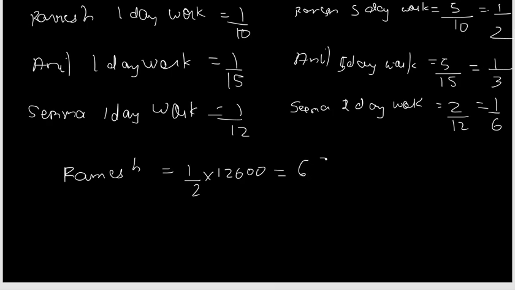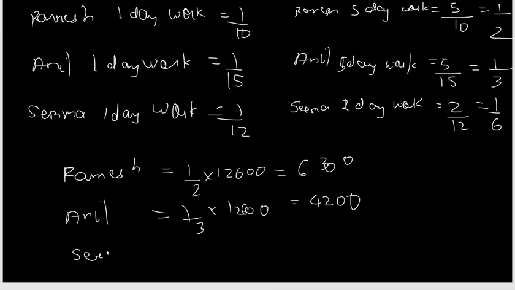So he gets 6,300. Anil also worked 1/3 of the work, so he gets 4,200. Seema also did 1/6 of the work, so she gets 2,100. This solves the problem completely.